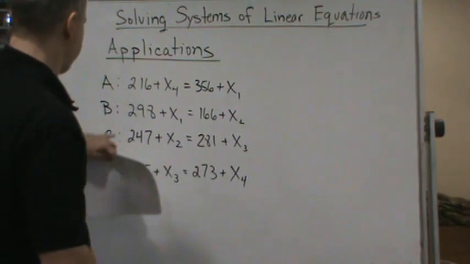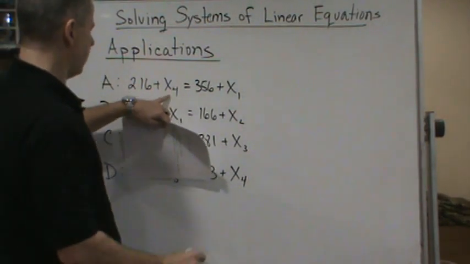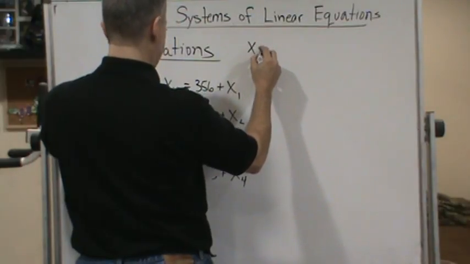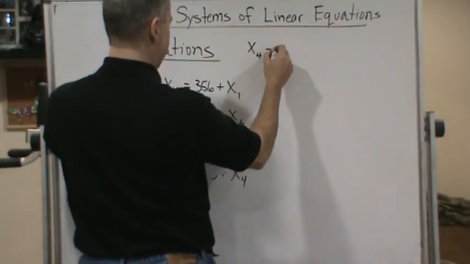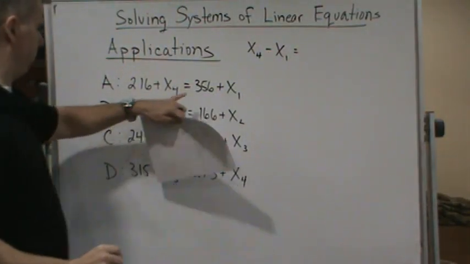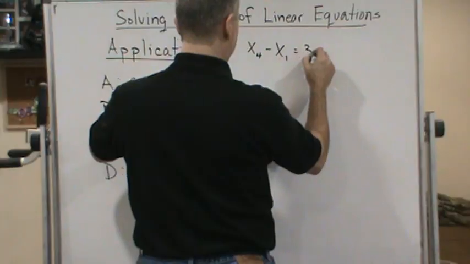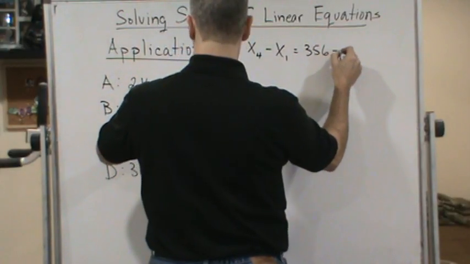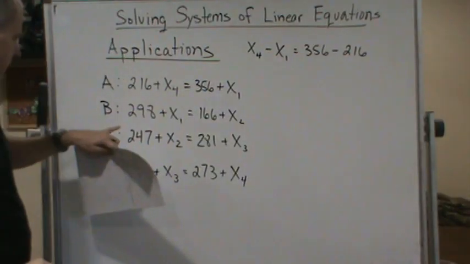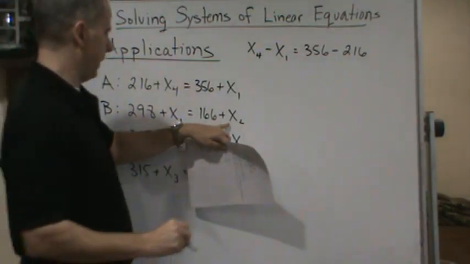Okay, so now this is going to give me x4 minus x1 is going to equal 356 minus 216. The second one is going to give me x1 minus x2.